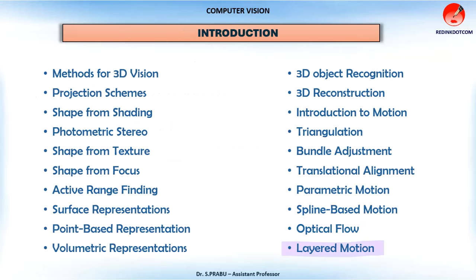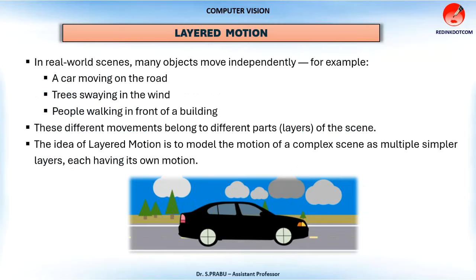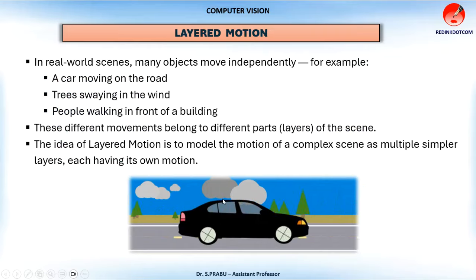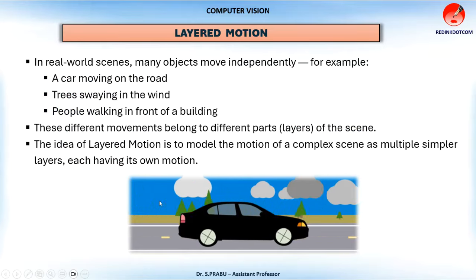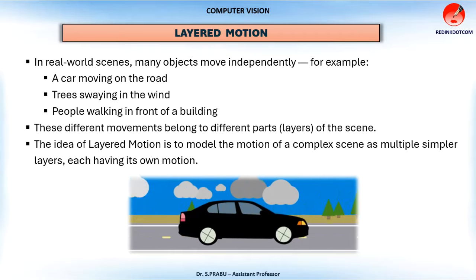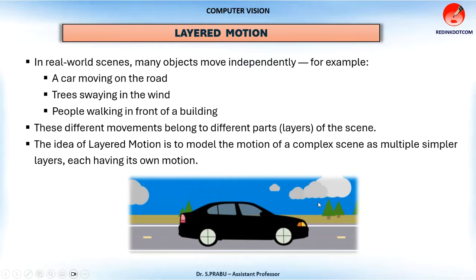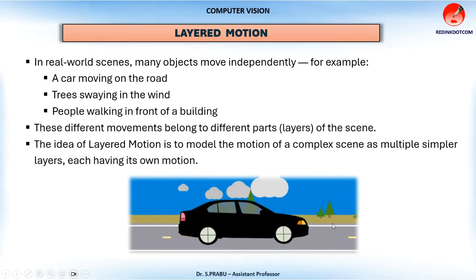The next topic is layered motion. In the real world, there are different objects present in a particular frame. These different objects can be considered as different layers. With this methodology, we can easily control these layers to make a realistic movement of the object. In this example, the background, road and car can be treated as different layers.